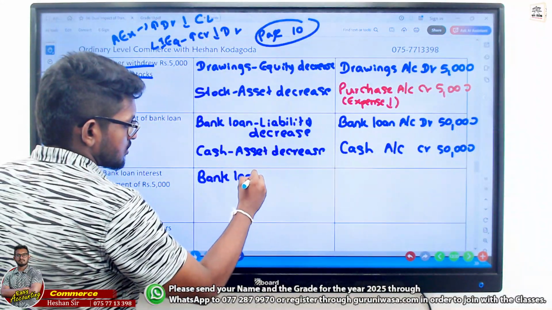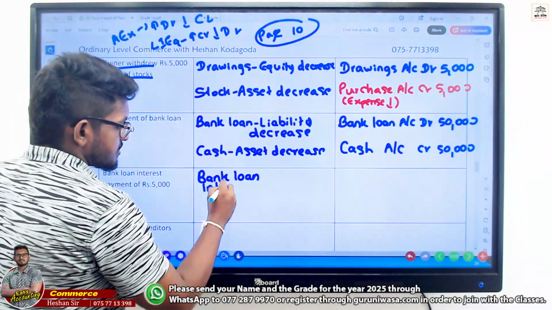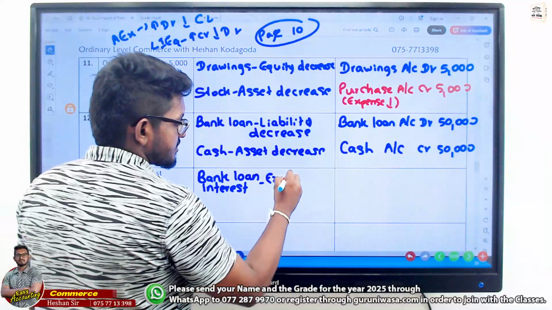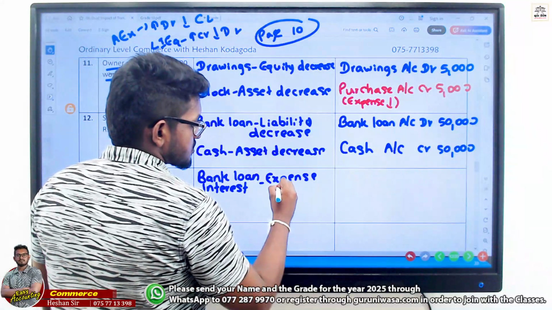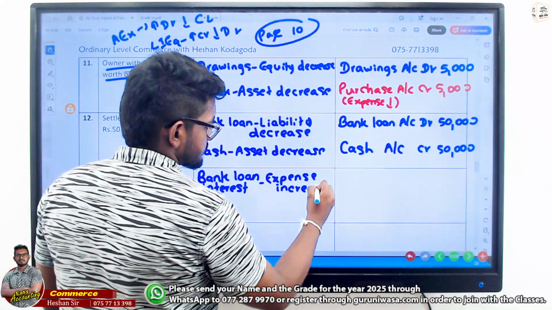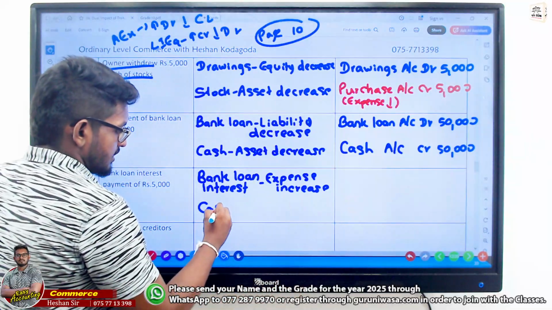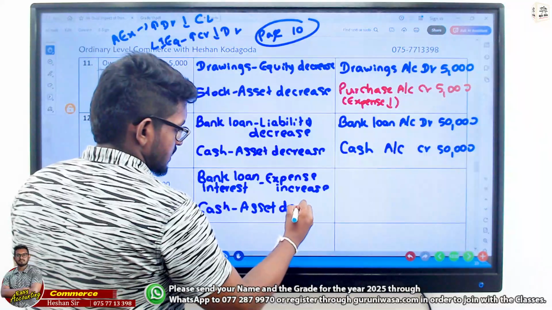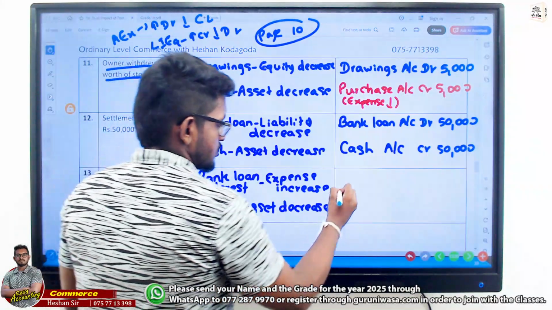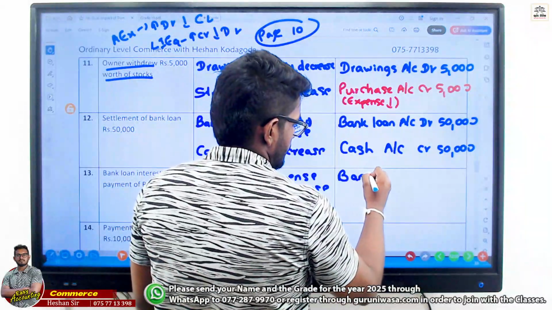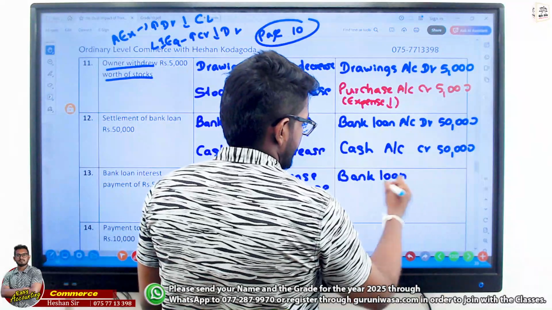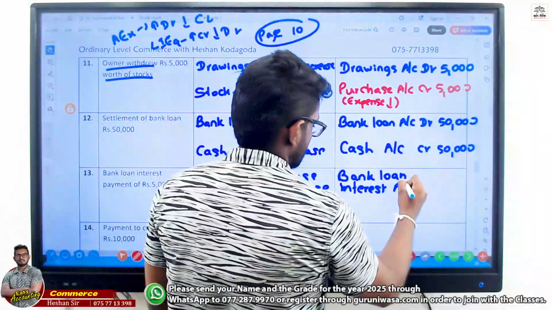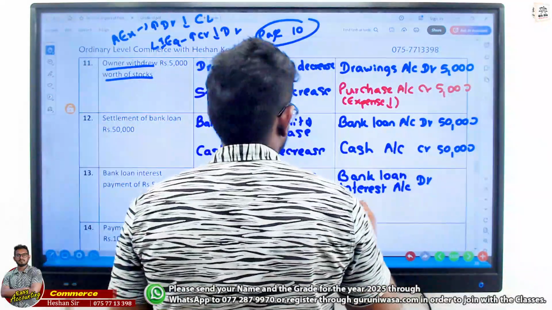Bank loan interest, not the bank loan, expense. Bank loan interest expense increase. Cash asset decrease. So bank loan interest account debit 5,000.